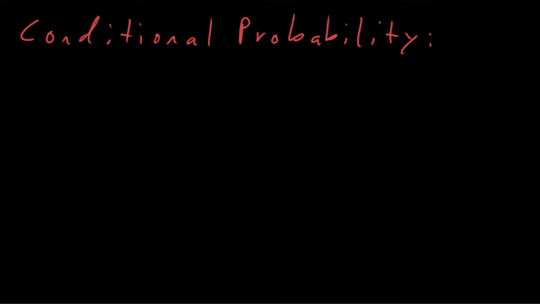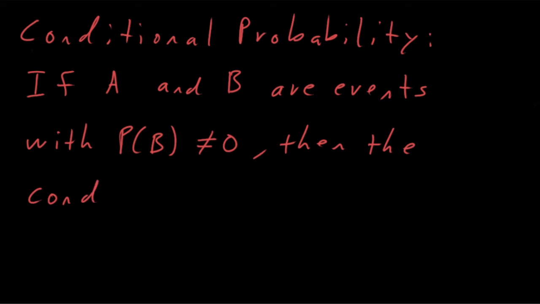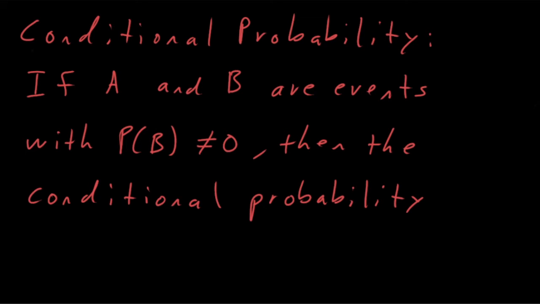All right, so now we're going to talk about conditional probability. If A and B are events with probability of B not equal to 0, then the conditional probability of A given B is this formula right here.